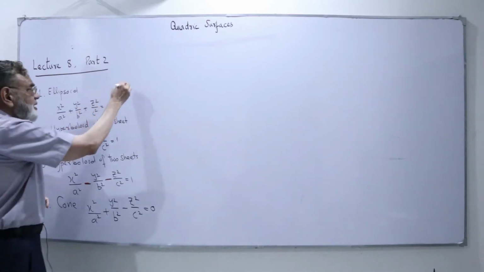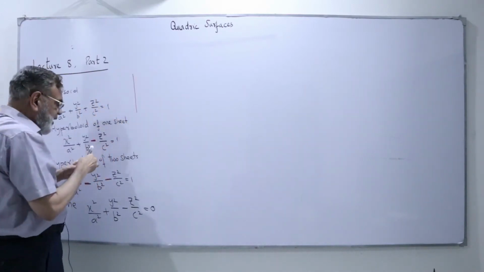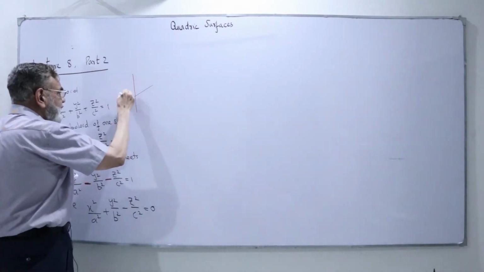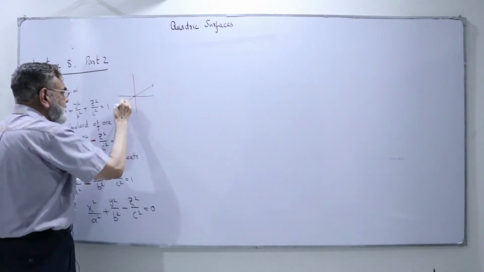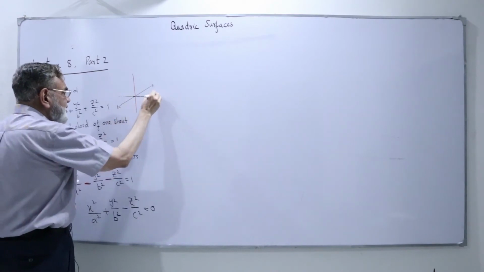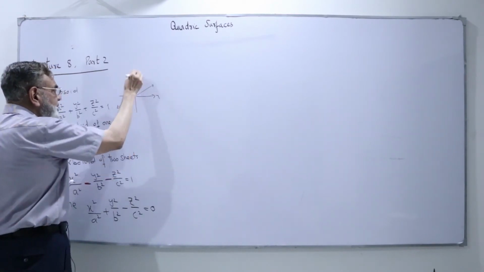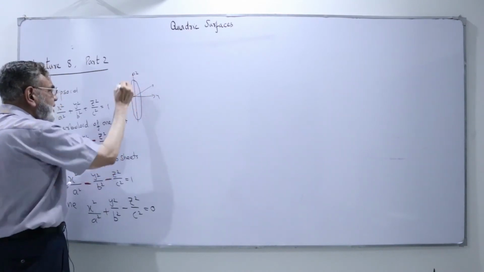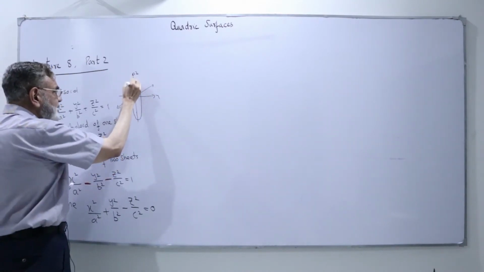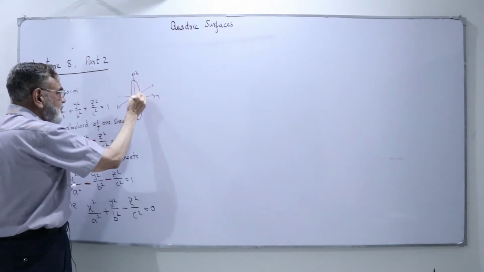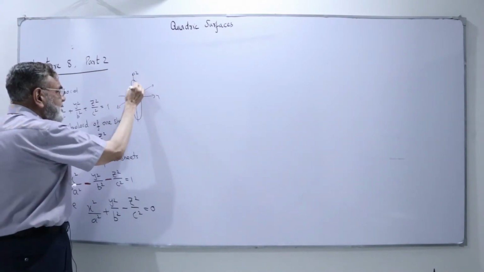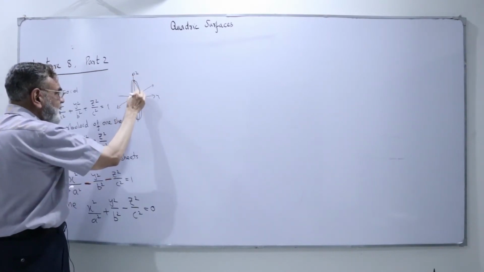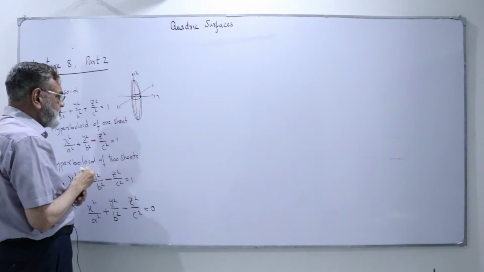If I just sketch it very quickly to give you the idea, where C is bigger than A and B, this is my x-axis, this is my y-axis, and this is my z-axis. So my ellipsoid is this one, with the z plane, the xy plane, the xz plane passing through here.